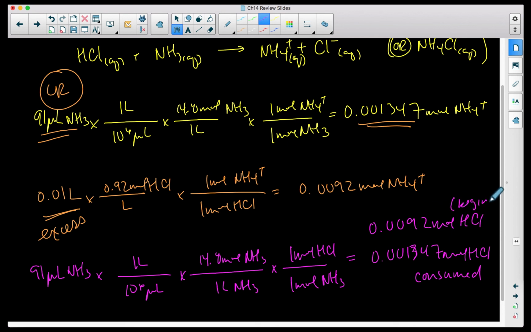Yes, does that make sense? As in, this piece of math here gives me my moles of HCl I started with, which is this. And this difference here is going to give us how much we use, or how much is left over, sorry.